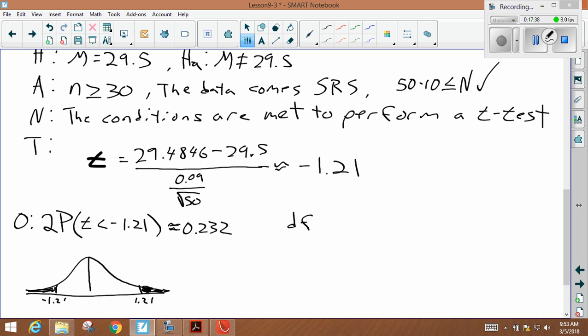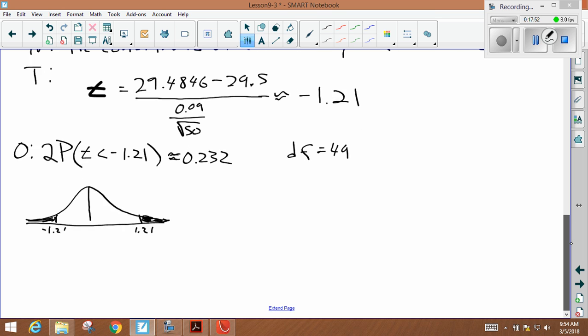We should put our degrees of freedom as well. And then we have done it. Oh, let's make a decision. So if we haven't been told the alpha level, we will assume an alpha level of 0.05.